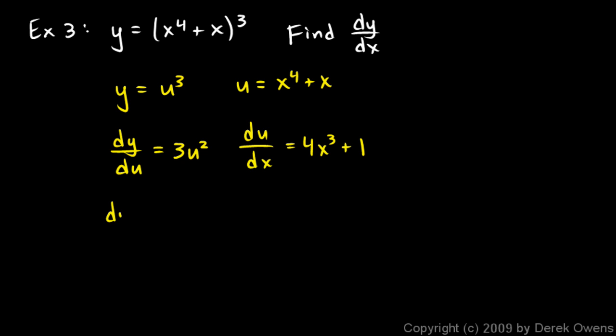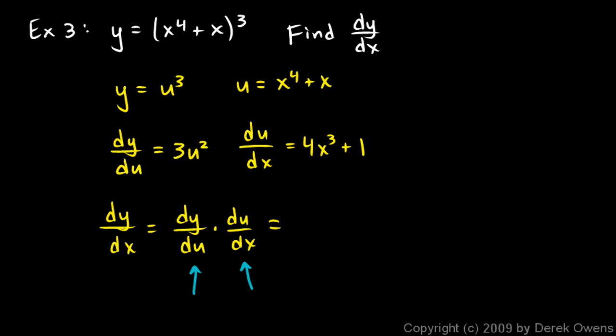And so when we do this little procedure, dy/dx is equal to dy/du times du/dx. This is the derivative of the outer with respect to the inner, and this is the derivative of the inner. So think of that as a procedure.